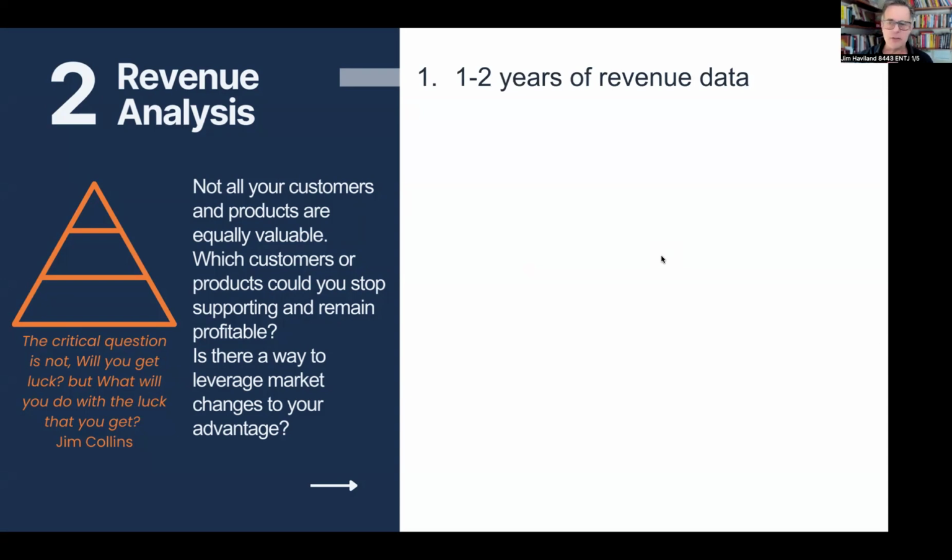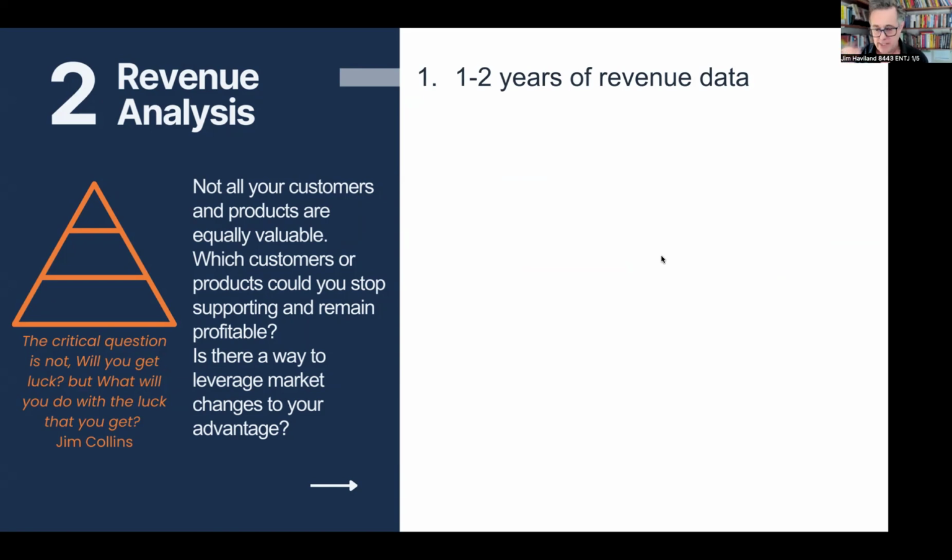Sometimes not all revenue is created equal. Depending on where we're going next, and if we're worried about cash like we are in the hunker down model, then we might choose different products and customers that we want to maintain, that are most important to stay out of that negative net profit part of our world.